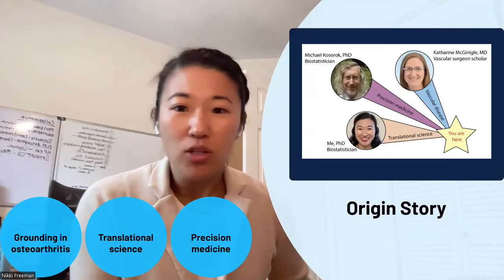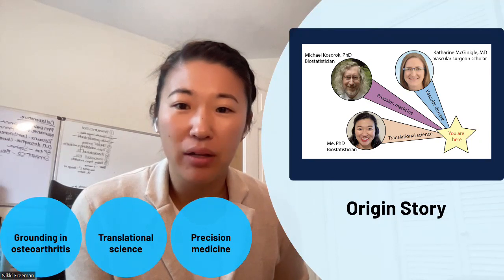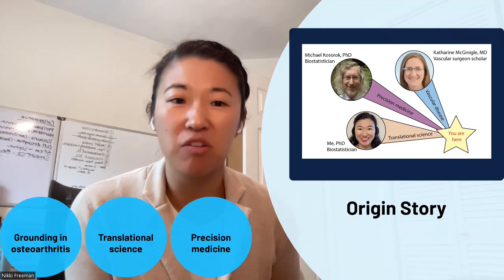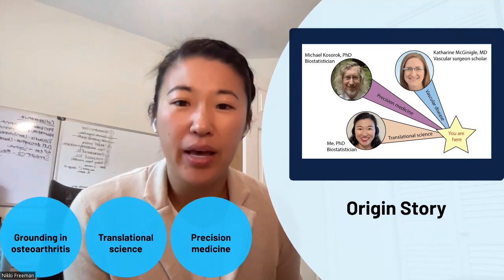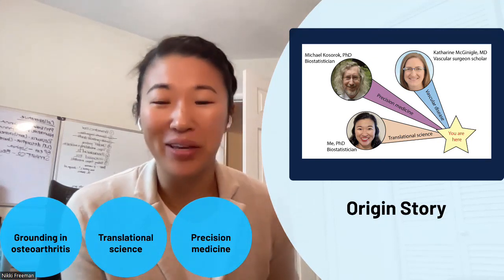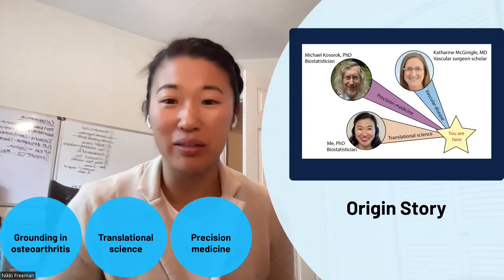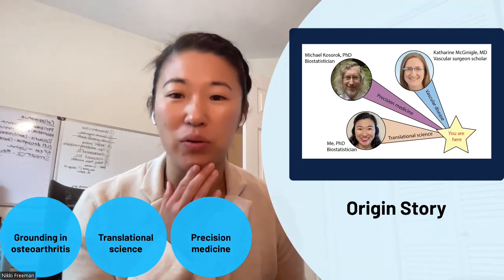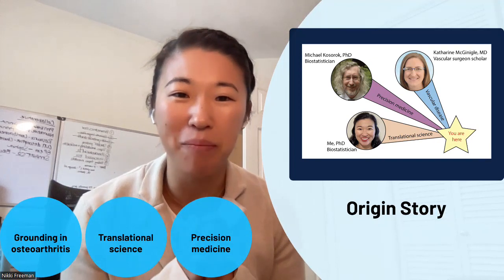Okay, so I like to start out with the origin story of how all of this comes along. One slice of my work is with Kate McGinnigal, who is a vascular surgeon. Full disclosure, most of my applied work is with vascular surgery and diabetes. So I have no expertise and very little skills in rheumatology, although I'm going to try to make this as applicable as possible.